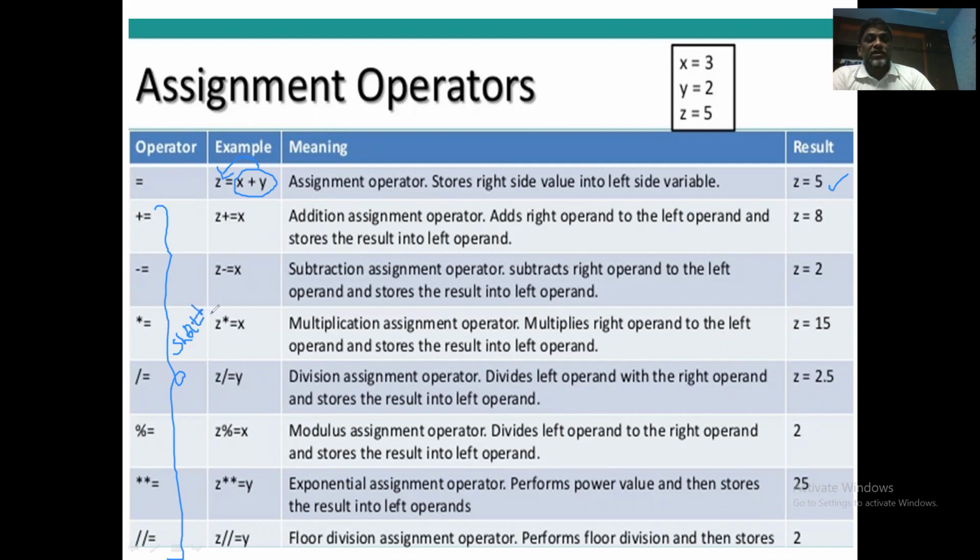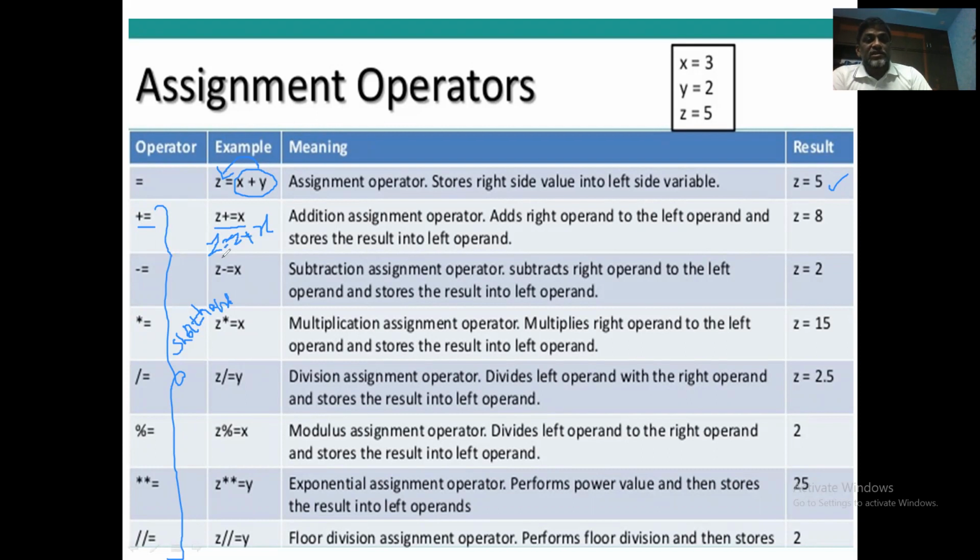So I'll explain what these shorthand assignment operators are, and what is the meaning of each of these operators now. Let us understand with the first one, plus is equals to. If you write something like z plus is equal to x, it means that z is equal to z plus x.